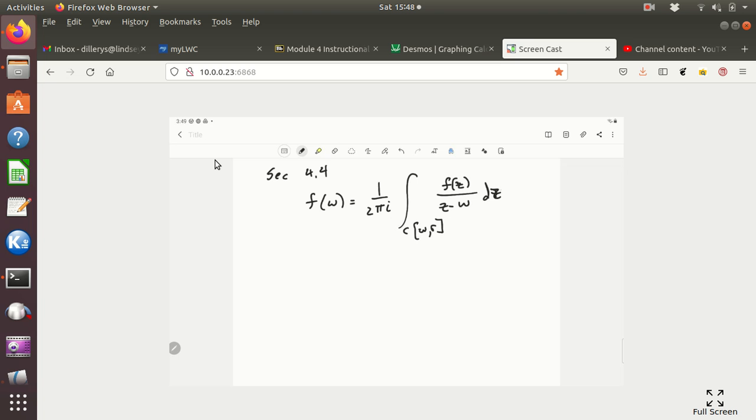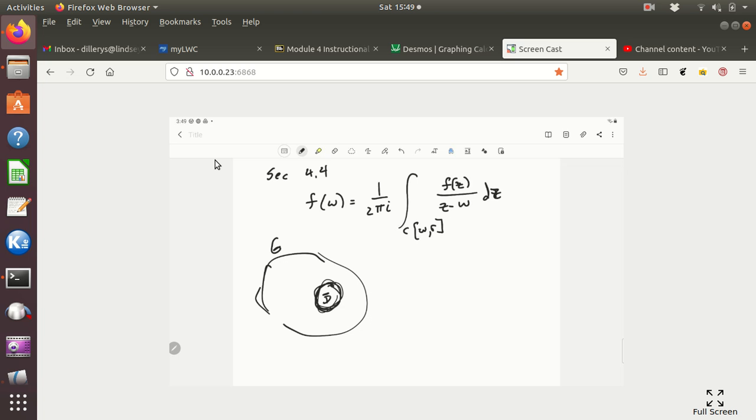Now notice what's happening here. You've got some G, and here's your disk D bar, and what we know is that F prime of Z exists everywhere in there.